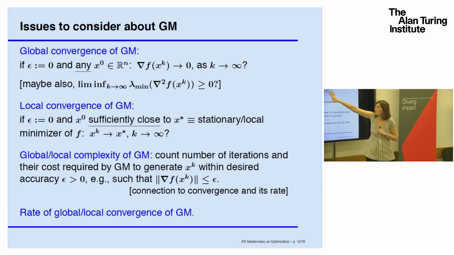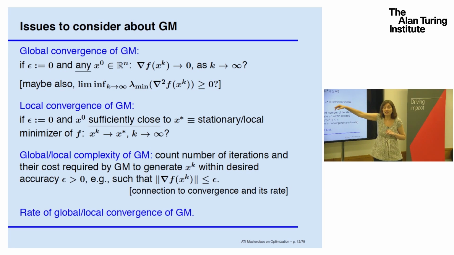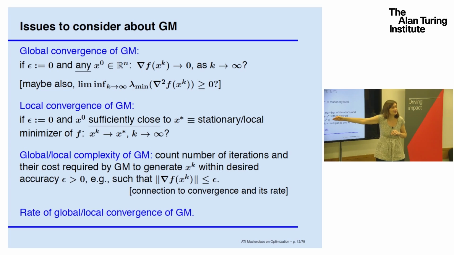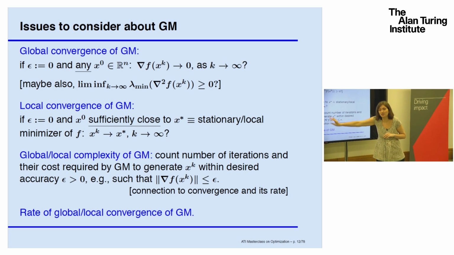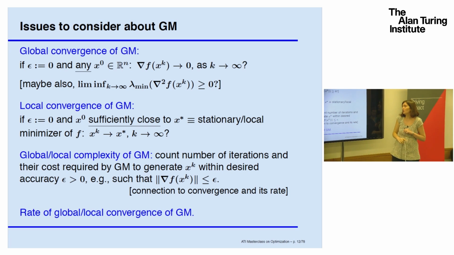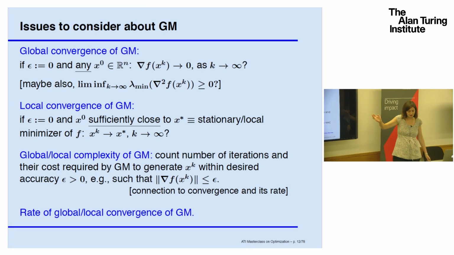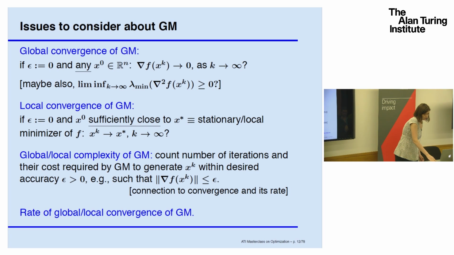What these convergence results tell you is that, yes, there is a finite end: for any epsilon, your algorithm will terminate finitely. But the speed of this convergence we try to capture by these global or local complexity results or rate of convergence results. These are equivalent notions. So not just that the method converges, but we care about how fast it converges.